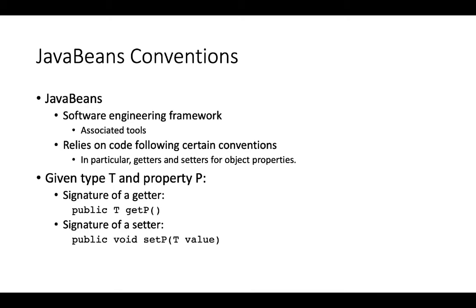So there's a certain convention for how we write getters and setters. And you'll notice on the last slide, I've started to use the word property rather than field. And I want to make a very clear distinction here. A field is a specific declared instance field in a class, which will have a value and is part of the object state. Properties of an object sometimes are directly reflected by fields.